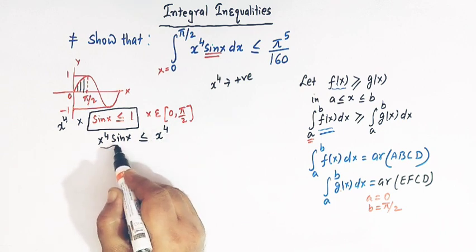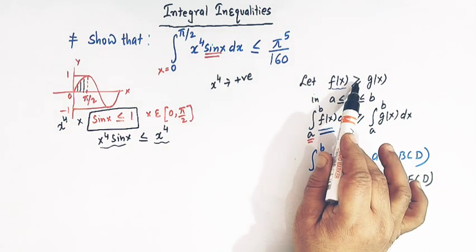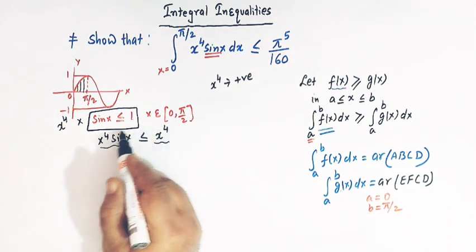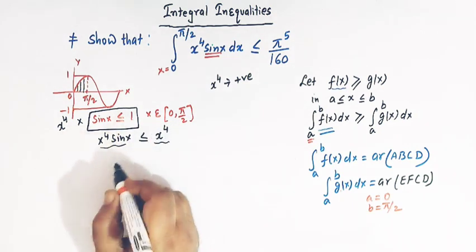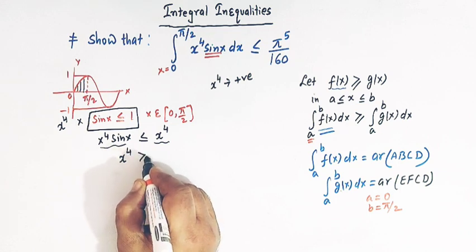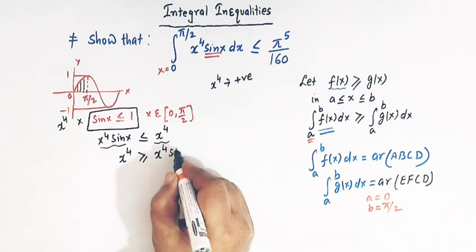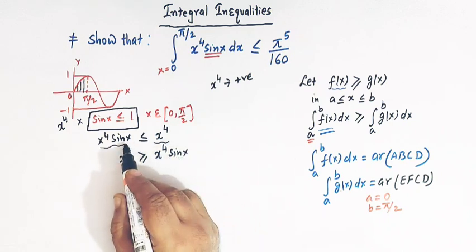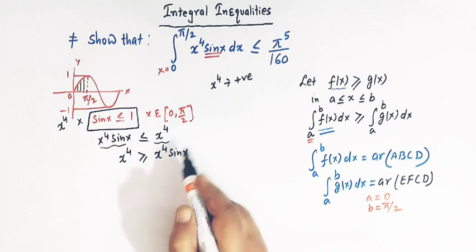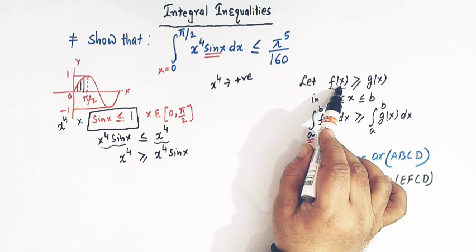So now see, here we have two functions, and here we have f of x greater than or equal to g of x. So we can write this inequality like this, that is x raised to 4 is greater than or equal to x raised to 4 sine x, right? So we have just written this inequality in this form so that we can easily compare this one with this inequality, right?